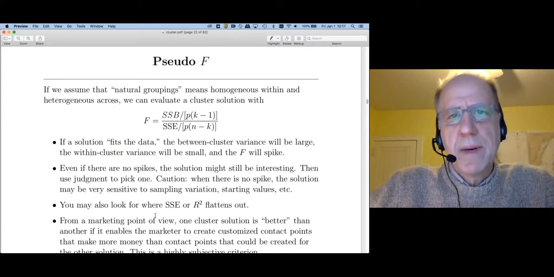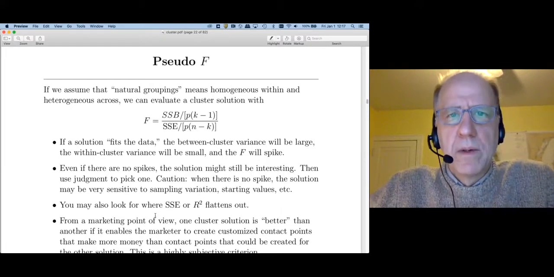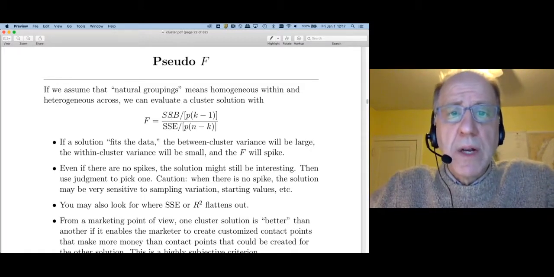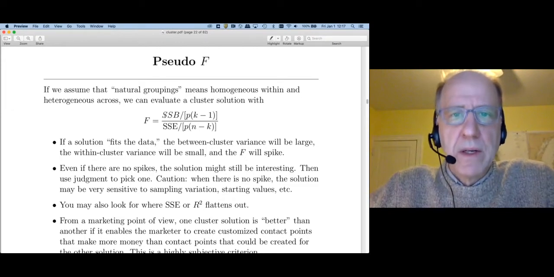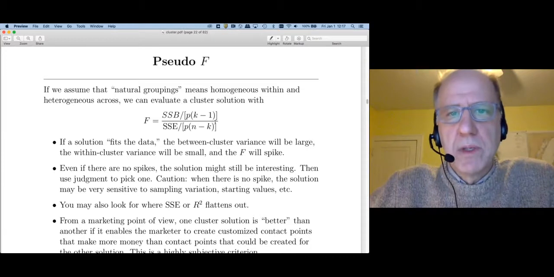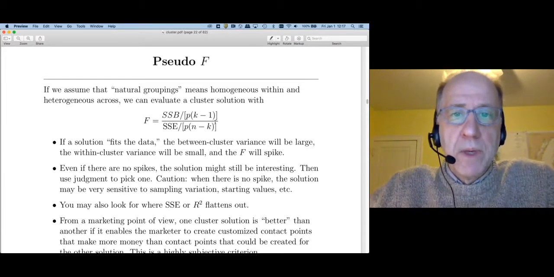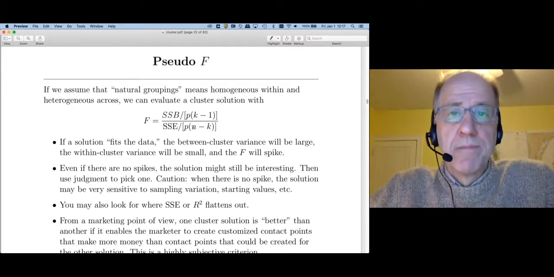I already talked about the pseudo-F when we discussed one-way ANOVA. As I mentioned back then, the F-statistic is a ratio of the between group variance and the within group variance. So the whole idea is that if you have a solution that fits the data, the within group sum of squares will become smaller, substantially smaller, so that means that whatever's in the denominator becomes a much smaller number.